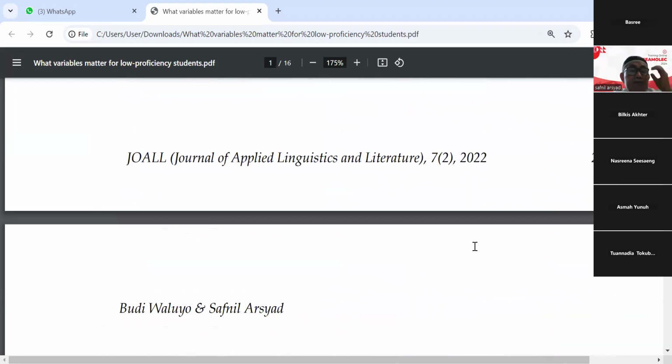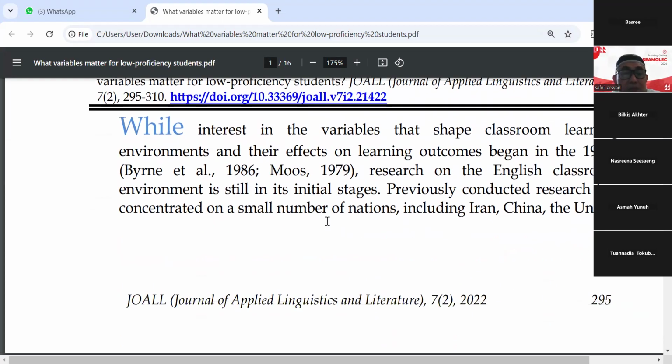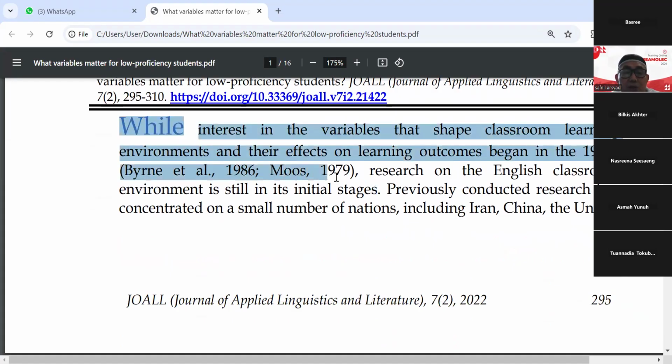What is in the first paragraph? What do you think? Interest in the variables that shape classroom learning environments and the effects on learning outcomes began. Research on the English classroom environment is still in its initial stages. So this is the research problem, implied.